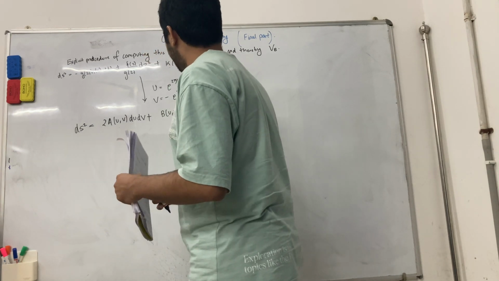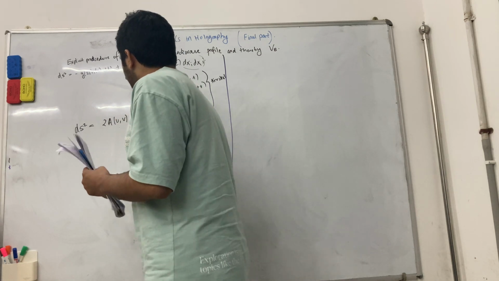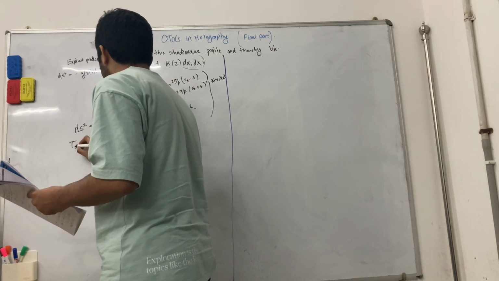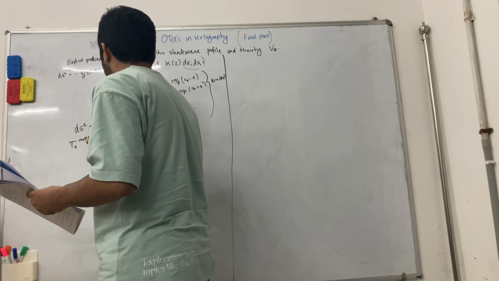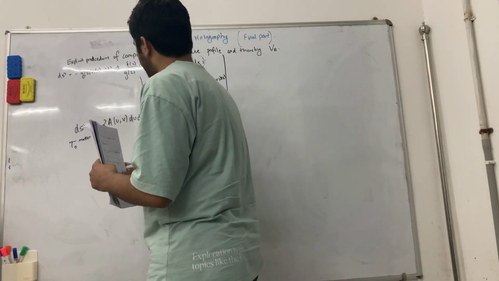Okay, so once I have this metric, in these coordinates, if I write down my stress tensor, the unperturbed stress tensor, this 0 represents the unperturbed one.